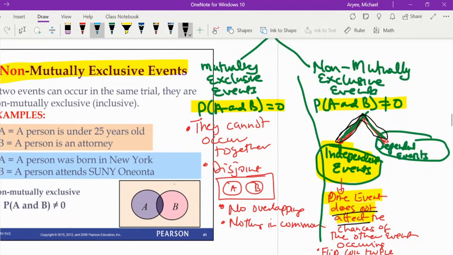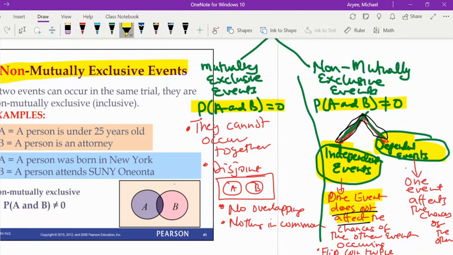Now on the other hand, dependent event means that the occurrence of one event affects the chances of the other occurring.